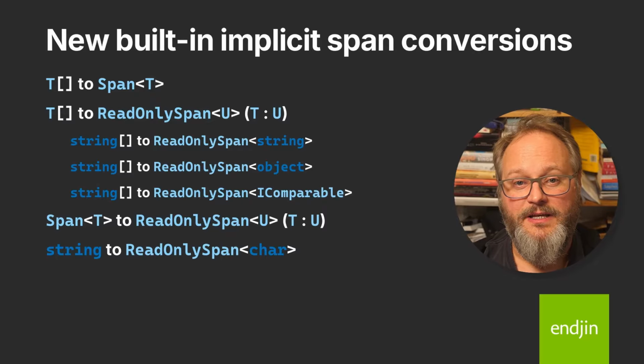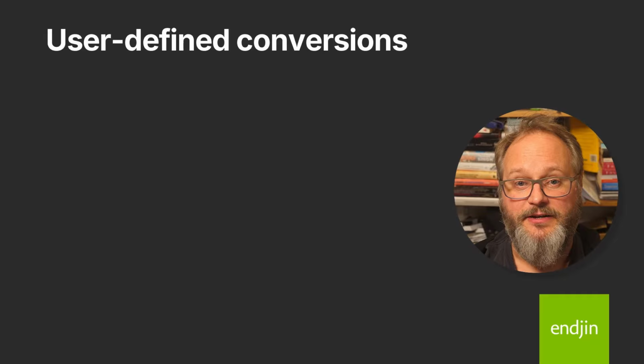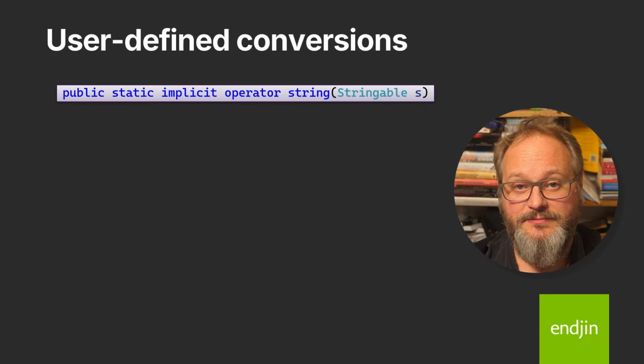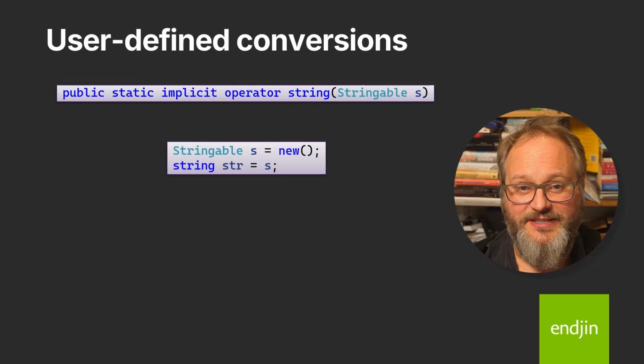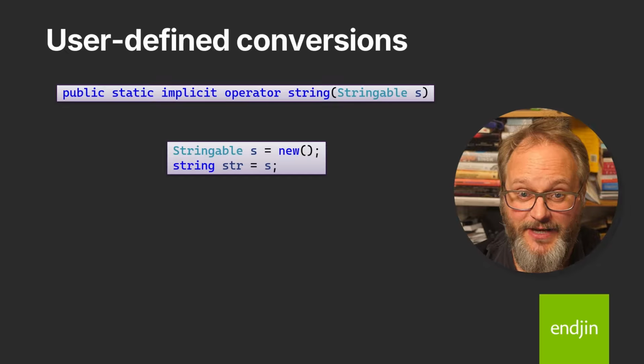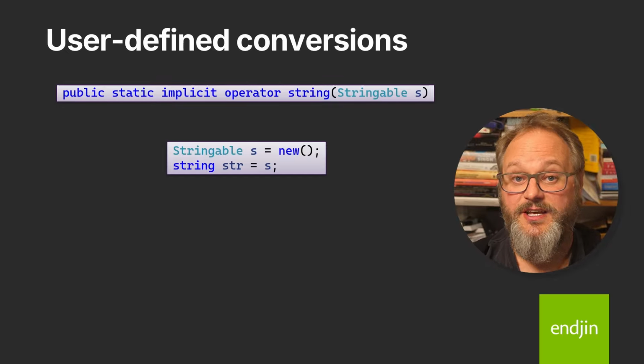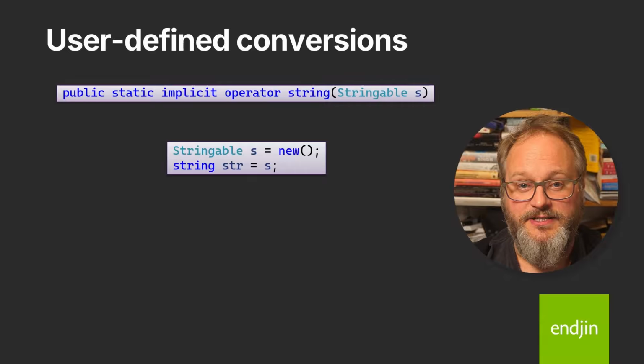But there's more. As well as affecting method resolution, the changes also open up some new scenarios around user-defined conversions. As you may know, C# won't chain together an unlimited number of user-defined implicit conversions. If you define a type called stringable with an implicit conversion to string, the compiler will let you assign a stringable into a variable of type string or pass it as an argument to a method accepting a string. Now, as I already mentioned, it won't use this implicit conversion for the implicit receiver argument of an extension method, but user-defined implicit conversions are available for ordinary arguments.